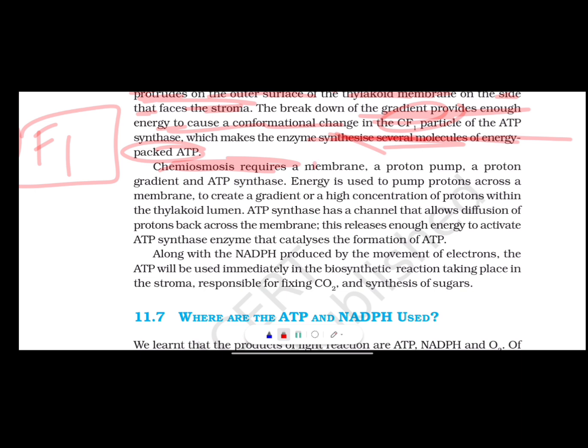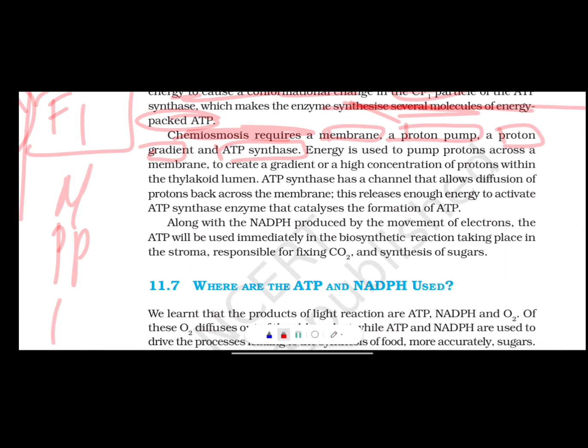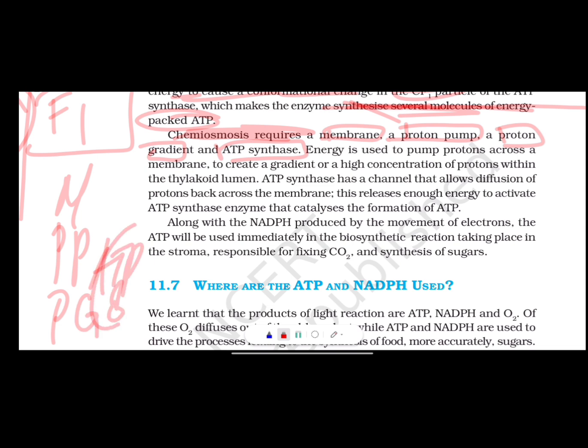A membrane, a proton pump, a proton gradient, and ATP synthase. 1, 2, 3, 4. Four things are required for chemiosmosis: membrane, proton pump, proton gradient, ATP synthase.